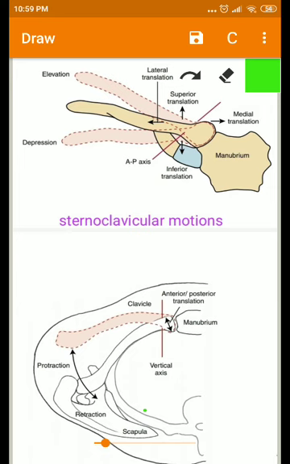In the transverse plane, the medial end of the clavicle is concave, like this, whereas the manubrial side of the joint is convex. That change on the manubrium may be due to the articular disc which is present on the side of the manubrium.